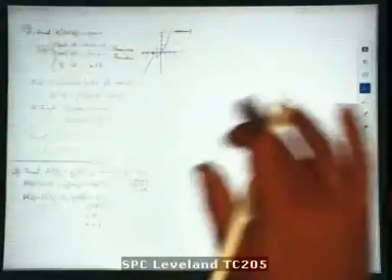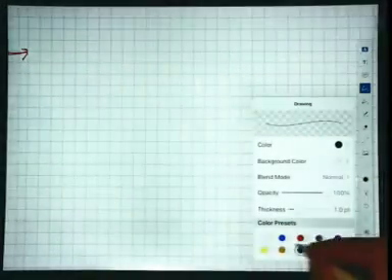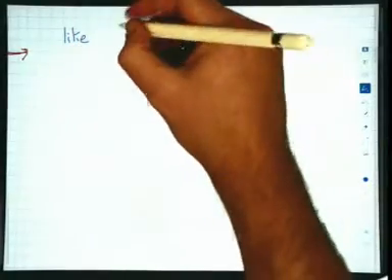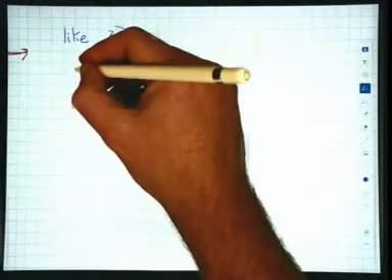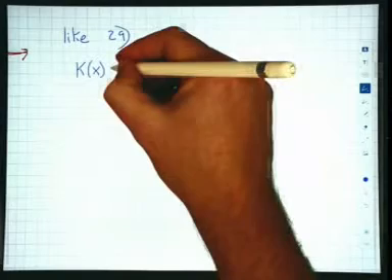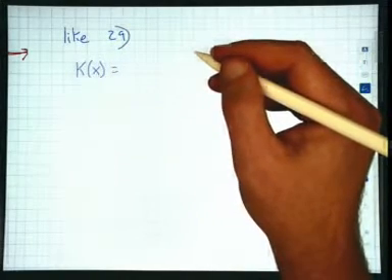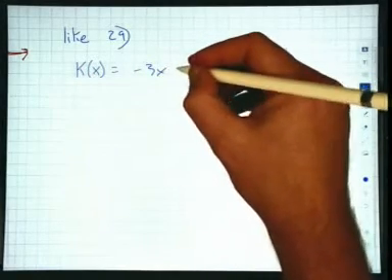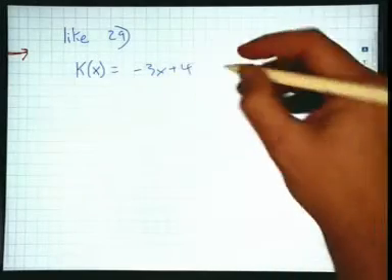Yes. Okay, let's just make one up. So we'll call this like 29. Let k of x be equal to, let's pick something different, negative 3x plus 4.